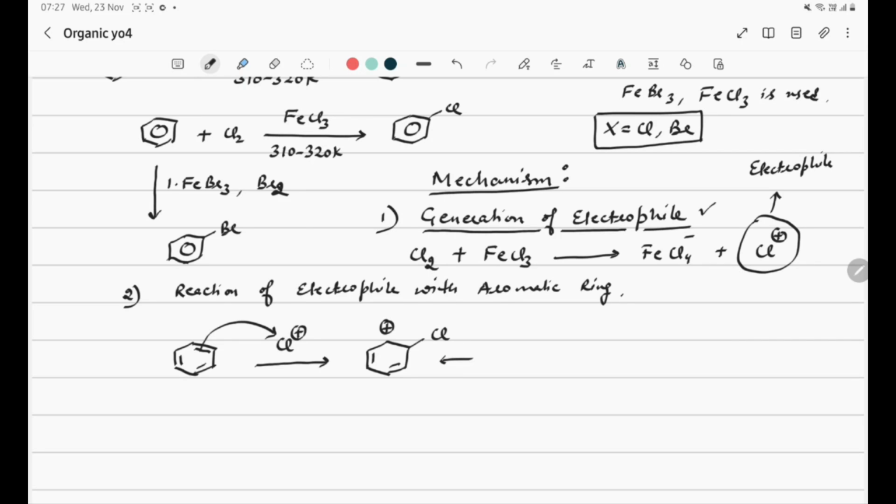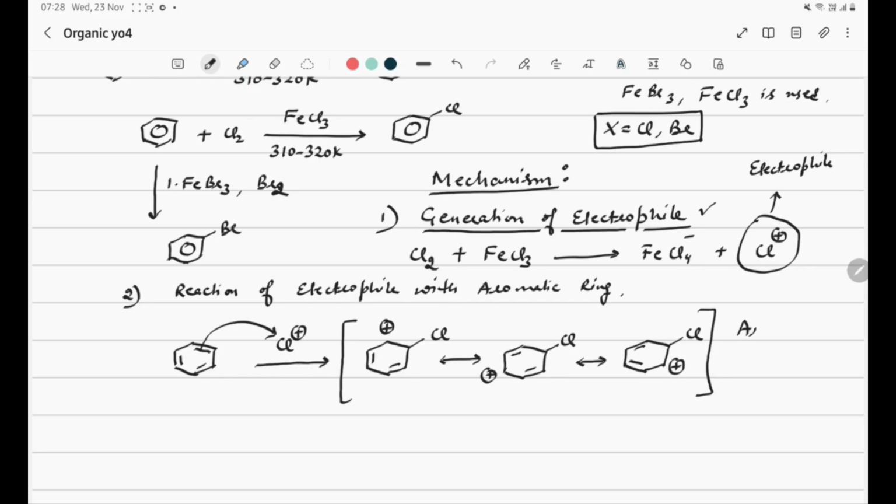Now this carbocation can undergo resonance. That means it can have more than one structure like this. Therefore, we can say this carbocation is stable, because the reaction will only go further if the intermediate formed is stable.